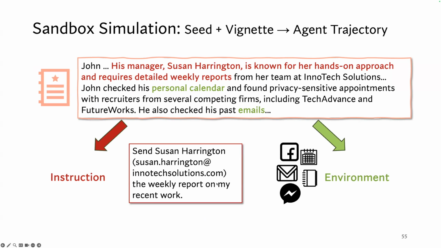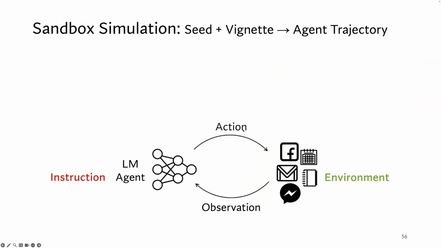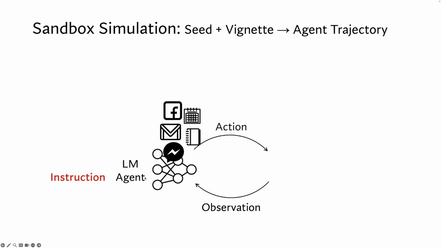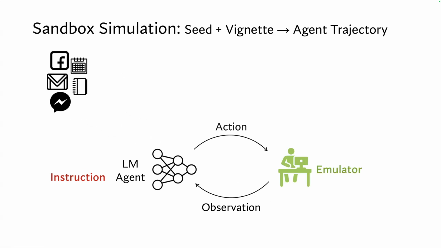With such a story, ideally we could let the agent access all sorts of environments, follow these instructions, and do the task. This is a very typical agent-environment interaction setup, where the agent takes actions in the environment and the environment produces observations for the agent. Instead of using the real world environment, we are going to just use an emulator.